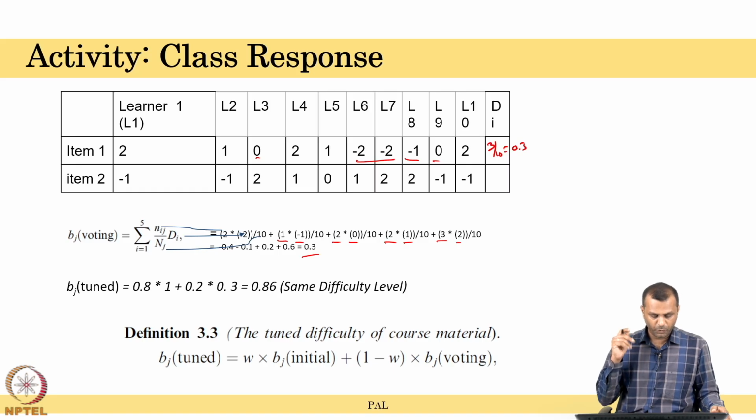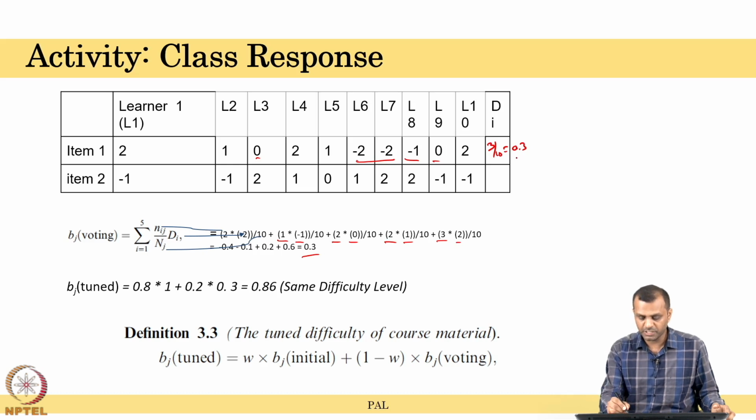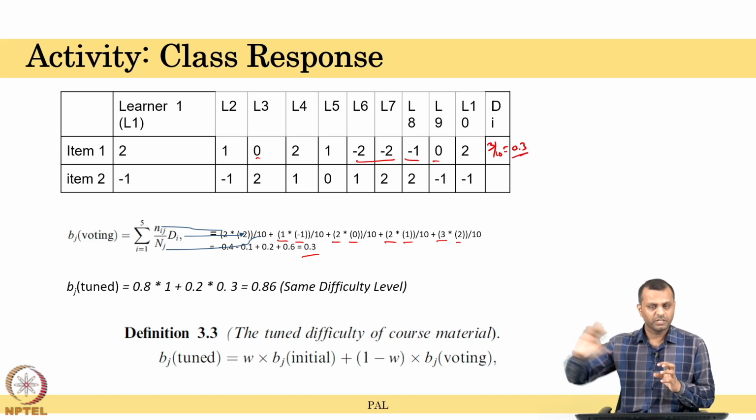Here the point is that initially the experts decided this particular item is difficult, very difficult, in the sense hard, but most learners assumed it is 0.3, which means not really hard, a very medium-level topic.